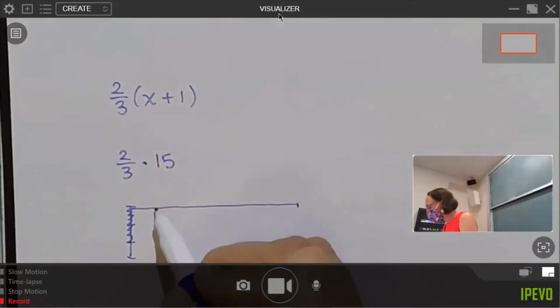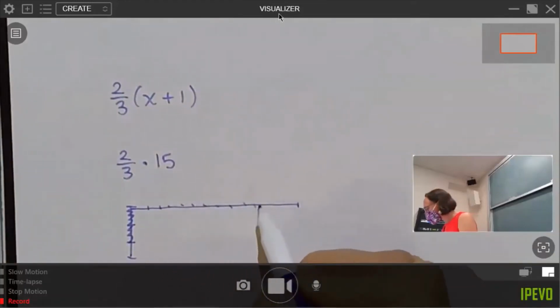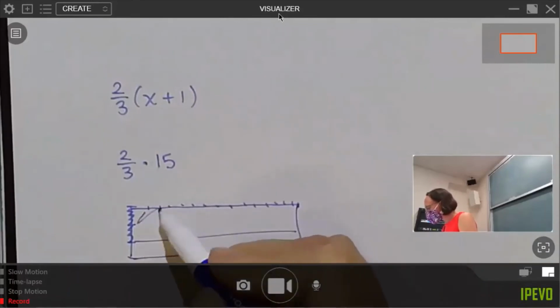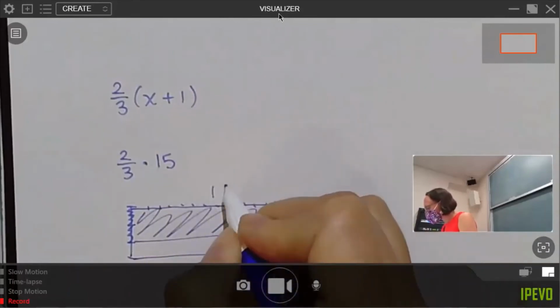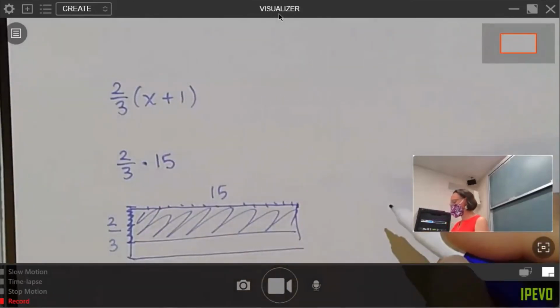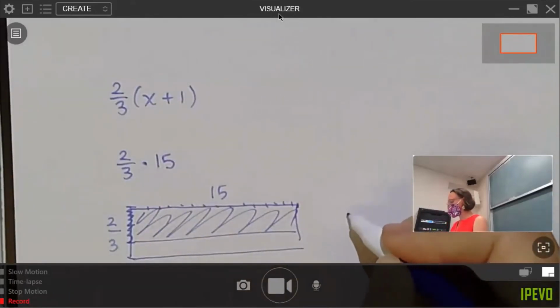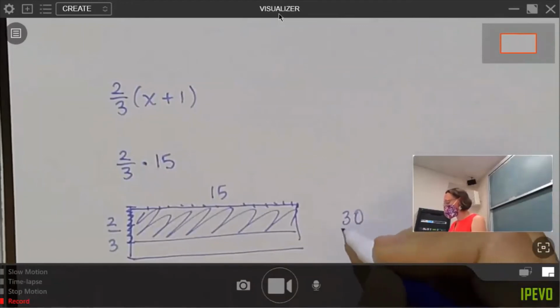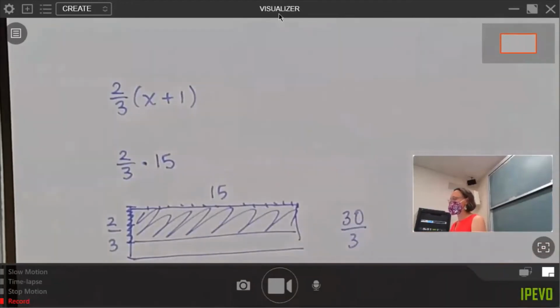It's just 15. So I'd actually have 15 of these things, and I would be taking 2/3 times that whole block of 15. So I would end up with 30/3.